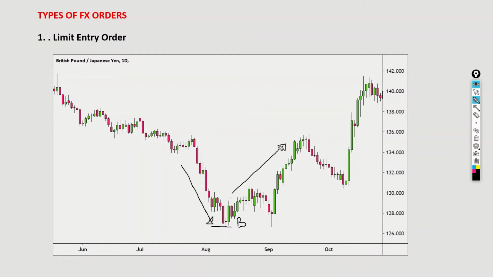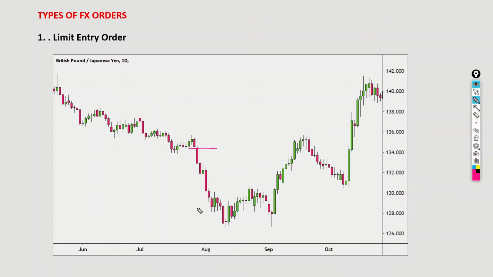It is set below the current price and then the price hits it and then reverses to go back up. So for example, under the buy limit order, if our current market price is here, and we want the price to come and reach this level and then it will buy off later on, what are we going to do? We shall leave the price.